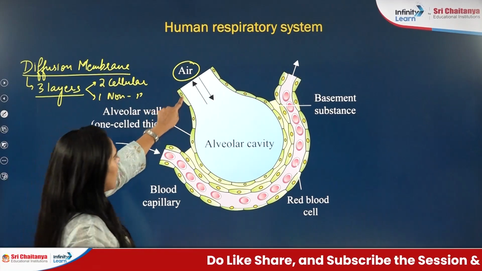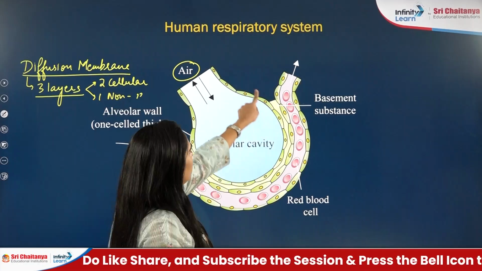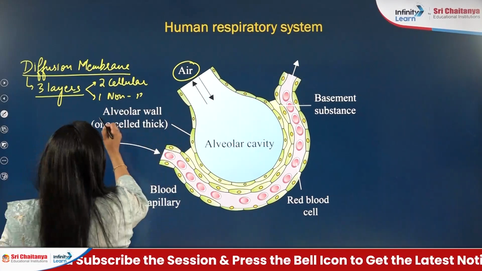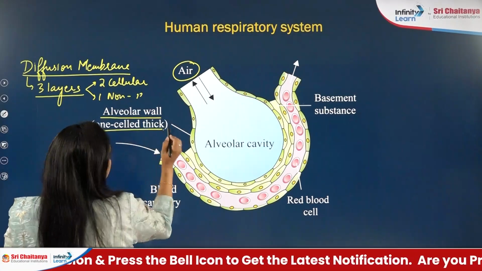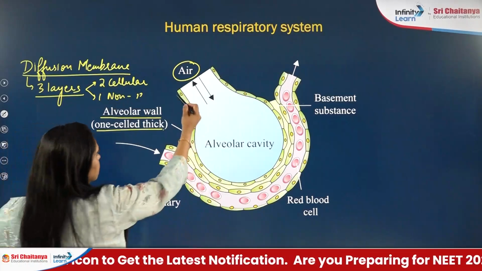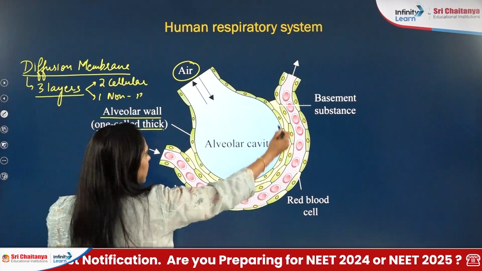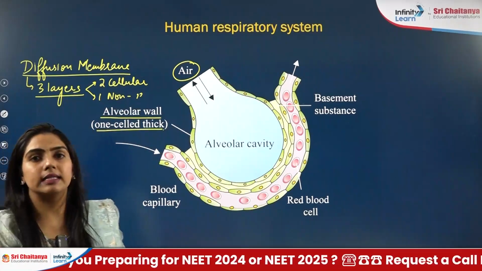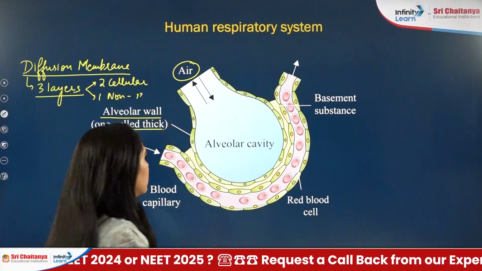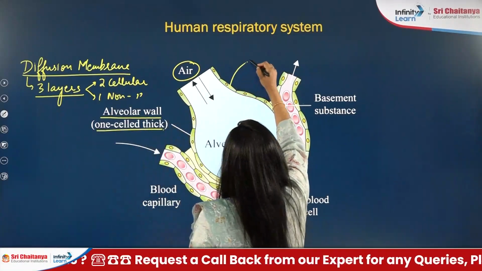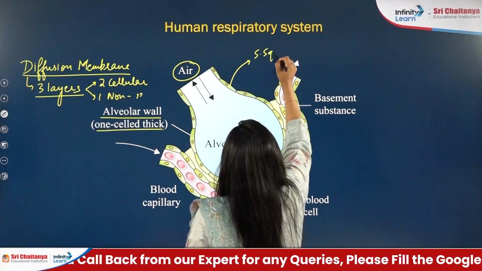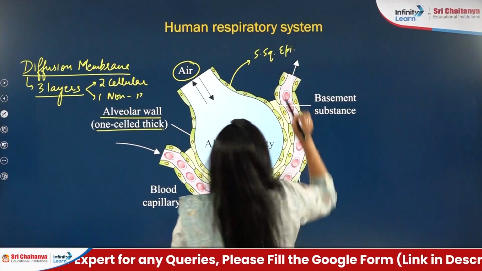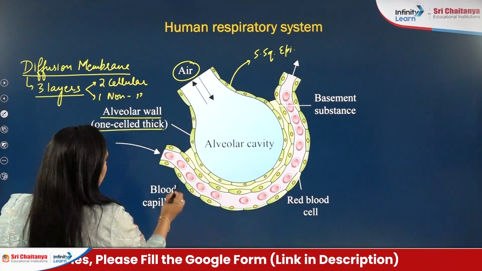So can you see the alveoli? This alveoli has the alveolar cells. Yes, can you see? These are the cells of the alveoli, and alveoli is lined by simple squamous epithelium. So these are simple squamous epithelial cells. Then you can see the blood capillary.